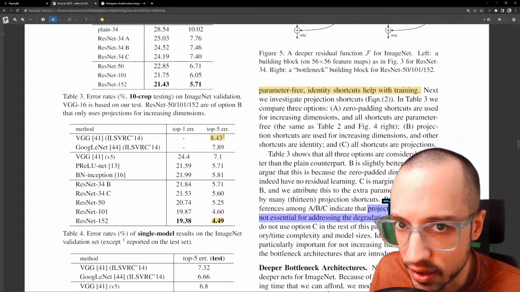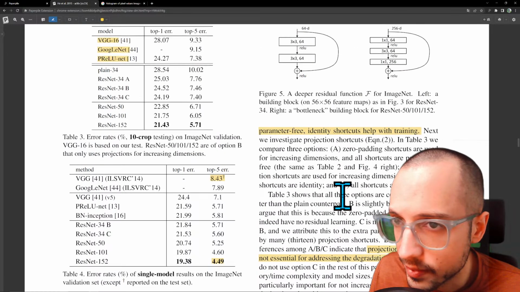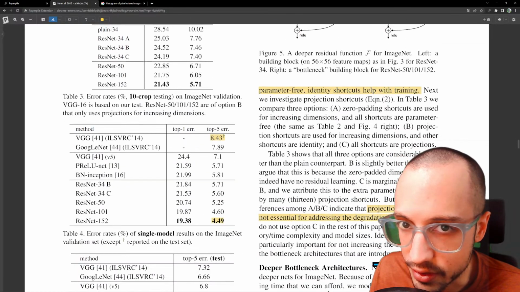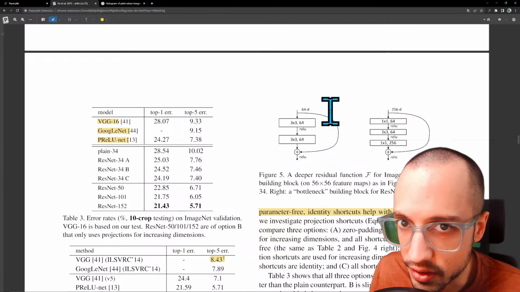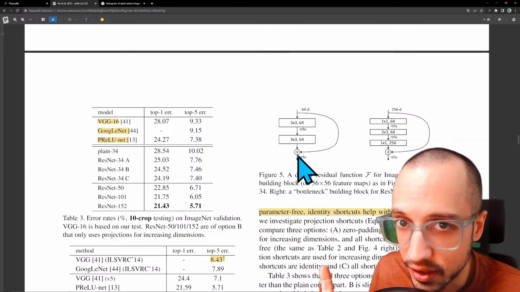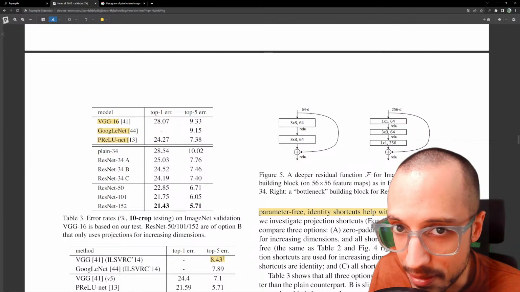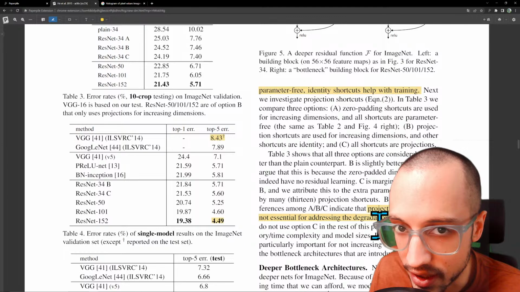Projection shortcuts are not essential for addressing the degradation problem. So basically here they're showing you that the identity shortcuts, which is just the simplest possible thing, is totally fine, and you don't need to be doing any extra mapping or zero padding or any kind of weird stuff when you pass it around.